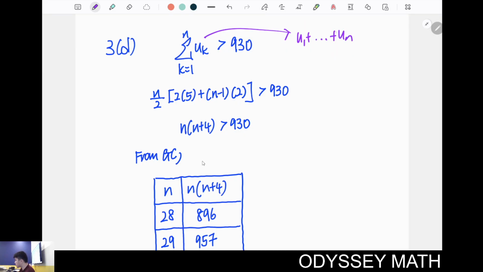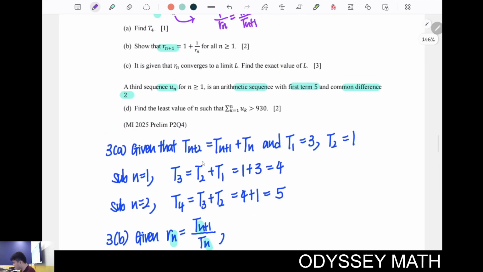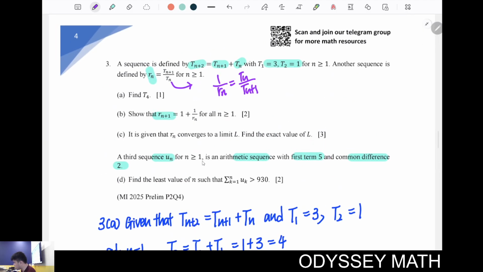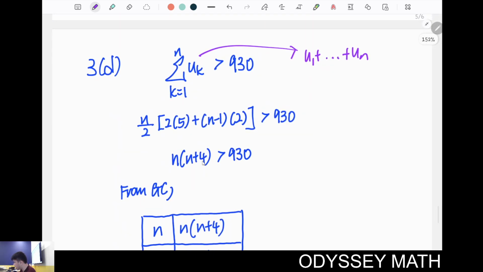So we use the sum of an arithmetic sequence: there are n terms, divided by 2, times the bracket 2a, 2 times the first term u1, which is 5, plus n minus 1 times the common difference 2. This is greater than 930. You simplify this, and you will get n times n plus 4 greater than 930.